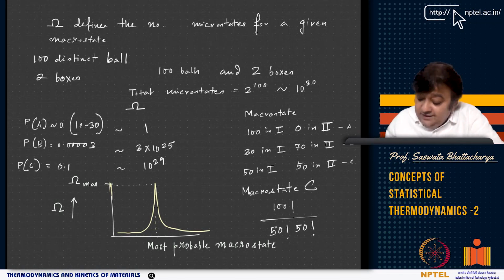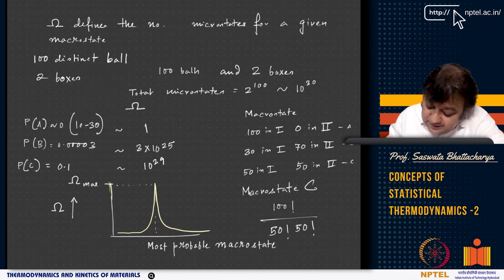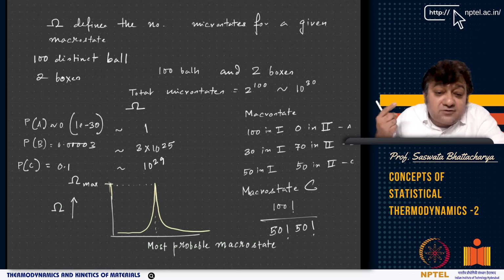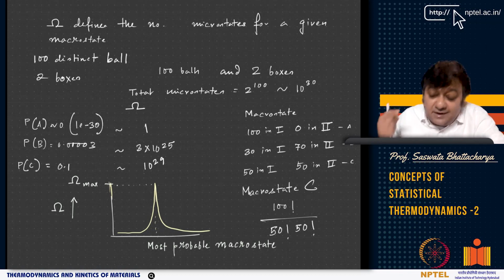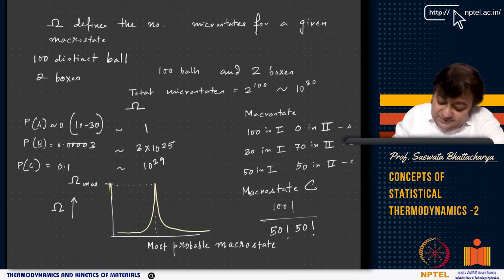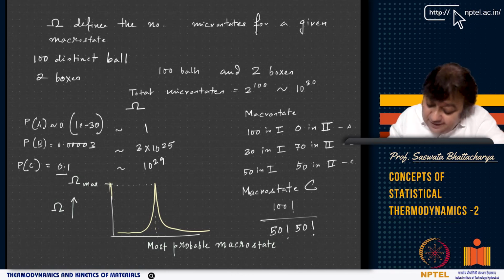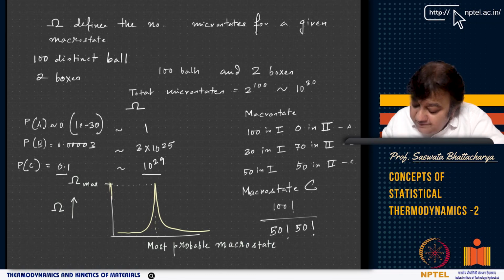You can try to find the value, but that number comes out to 10 to the power 29. If you divide 10 to the power 29 by 10 to the power 30, you get the probability of finding macrostate C, which is 0.1. So you have 10 to the power 29 microstates that correspond to macrostate C.